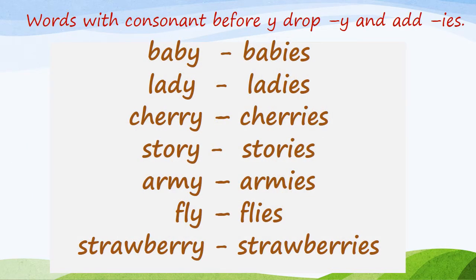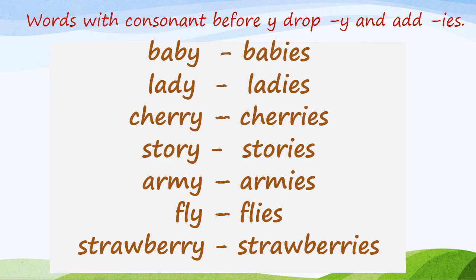Words with consonant before Y, drop Y and add IES. Remember children, all the words which end with Y, you have to be very careful and check the letter before Y, and if it is a consonant, you have to drop Y and add IES to make it plural.